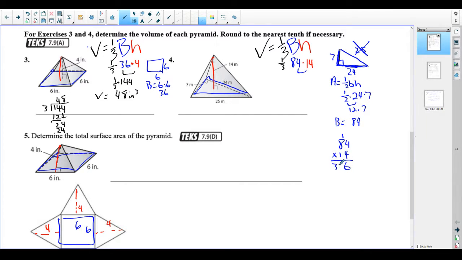That gives us 1176. And this one will be divisible by 3. That's nice. So our final part, 1176, 1/3 of that, or 1176 divided by 3.